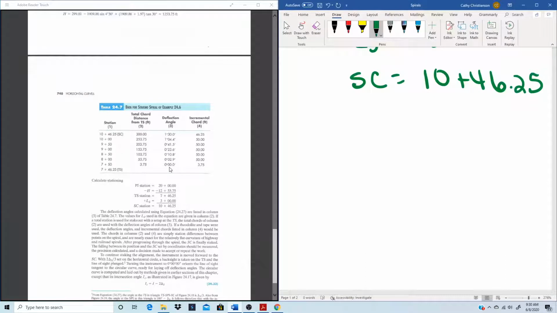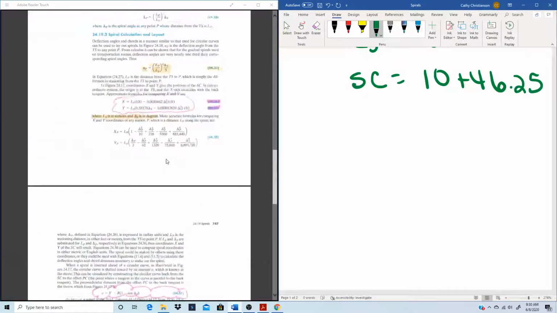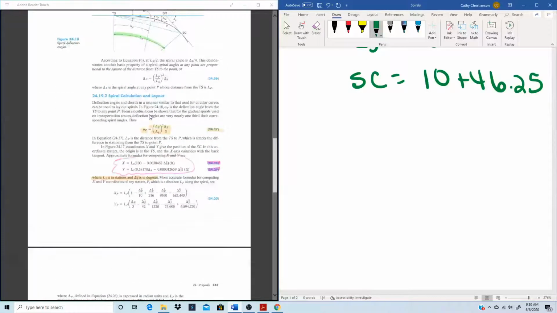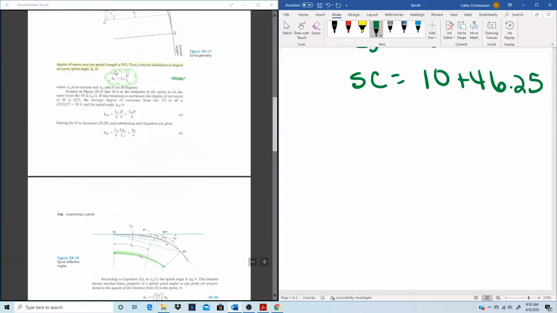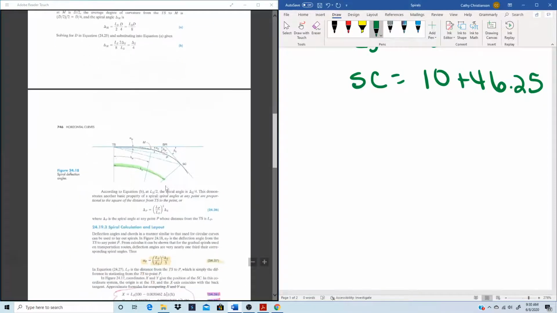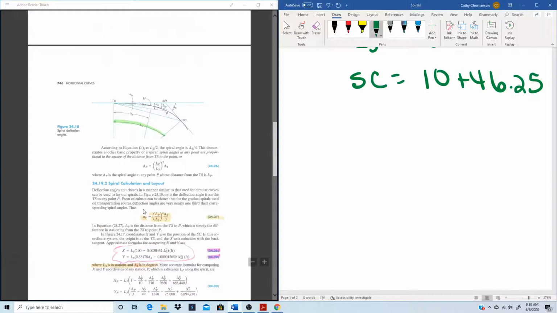Now, when we're plugging this in to get the deflection angle, we're going to go back and use this equation, 24-7. It's going to give us the deflection angle.